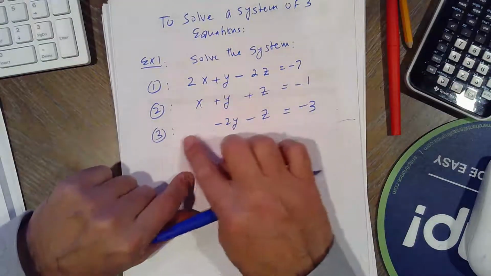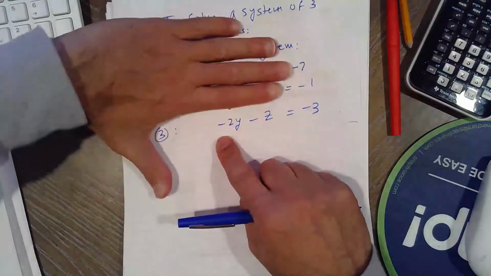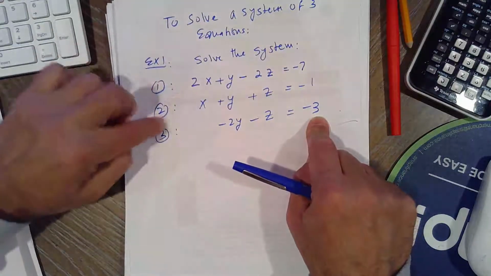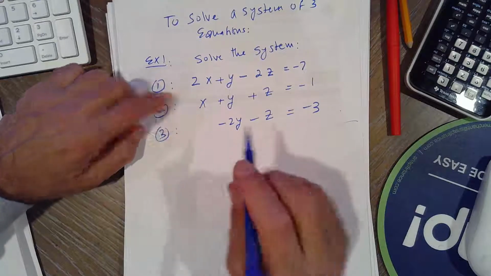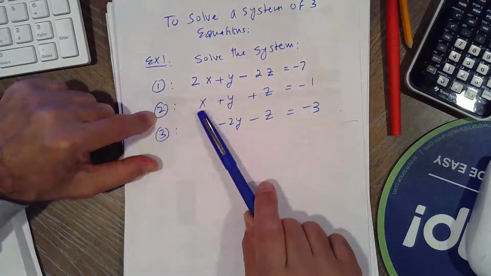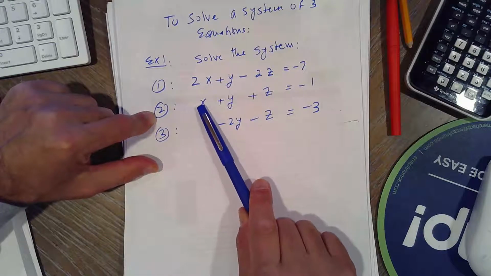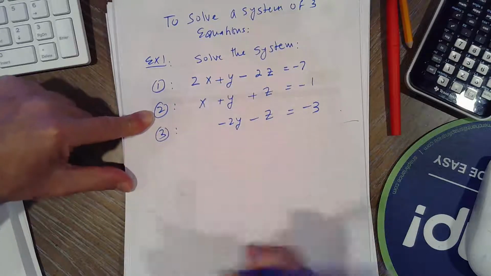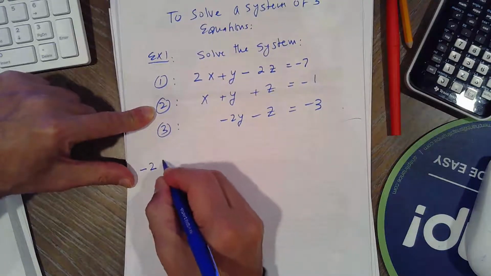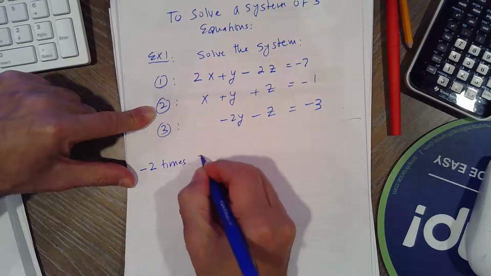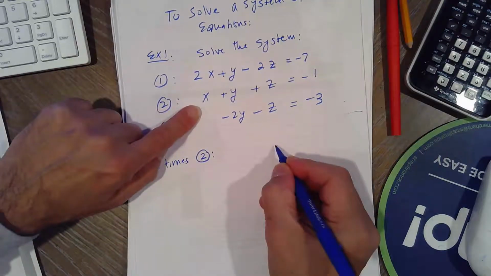So equation 3 has already had x eliminated, so we're going to use equations 1 and 2 to eliminate x. To do so we're going to multiply equation 2 by negative 2, so we can have negative 2x, and we already have 2x there. So we're going to say negative 2 times equation 2, and we're going to do the math over here.